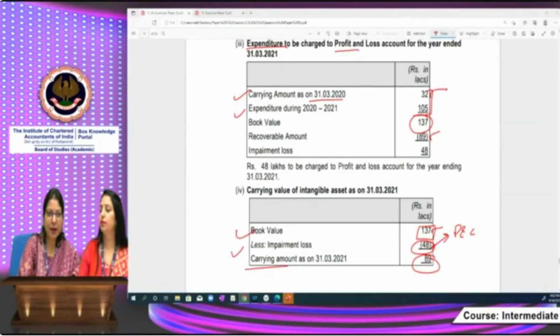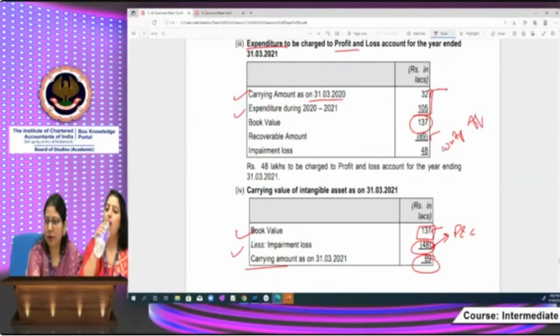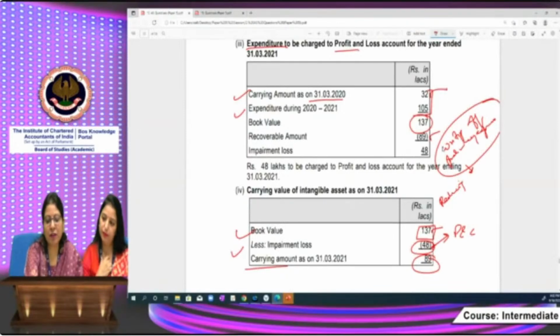Suppose in our accounting income we are writing off the preliminary expenses, so we are reducing our income because we are writing off the preliminary expenses in our statement of profit and loss.